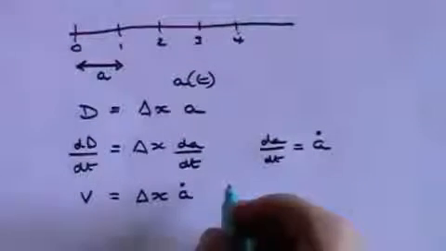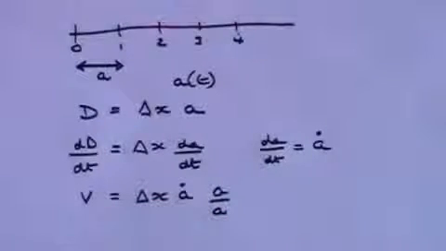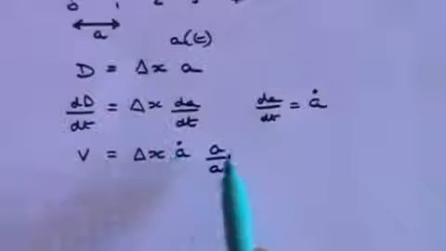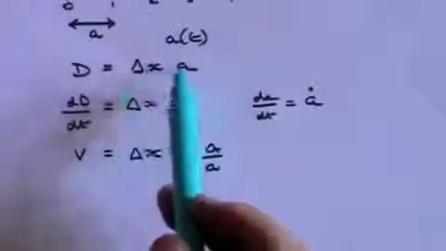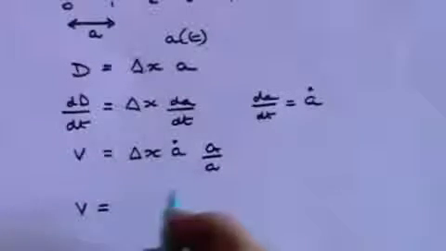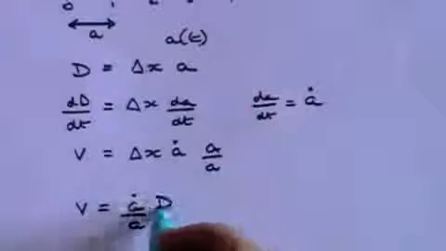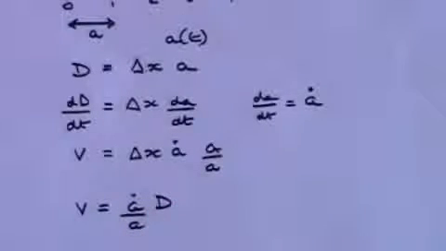We can multiply by a over a because that is simply multiplying by 1. But now delta x times a is d. So now we can say that v equals a dot over a times d.